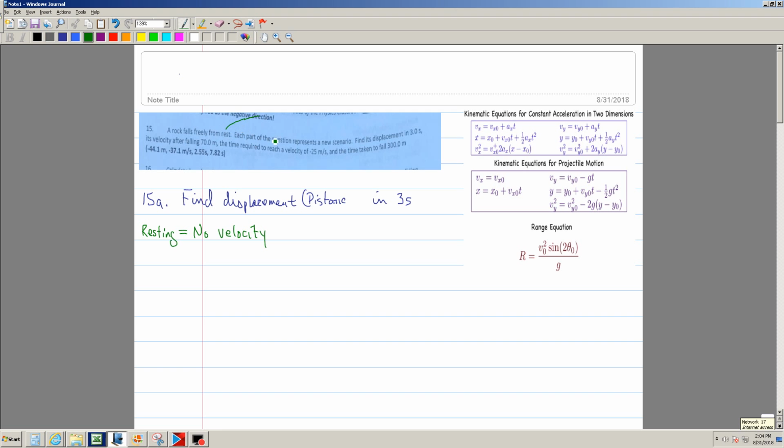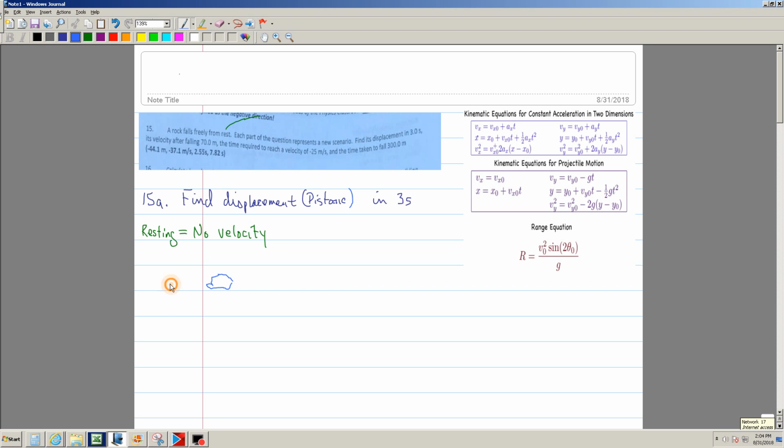And then each part of the question represents a new scenario. Find its displacement in 3 seconds. Displacement all it means is distance. So you're going to have a rock, and let's say this is the distance.